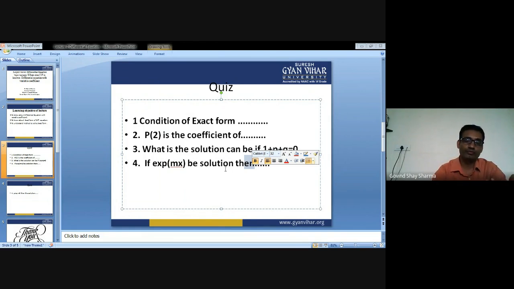Where we put m is equal to 1, it converts into the condition 1 plus p plus q is equal to 0. Then we can say the solution is y equal to e to the power x.